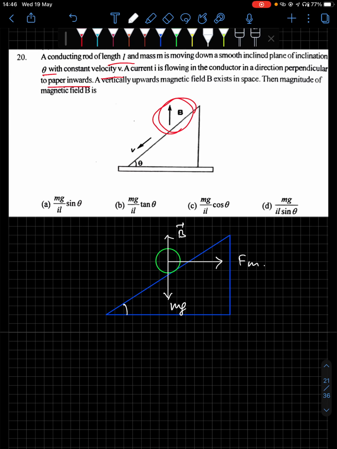Now in the question it is given this angle is theta. If this angle is theta, then this angle is also theta.